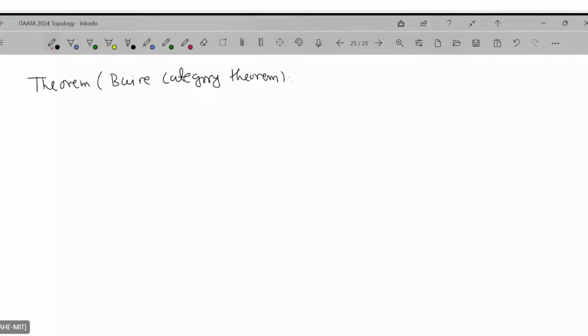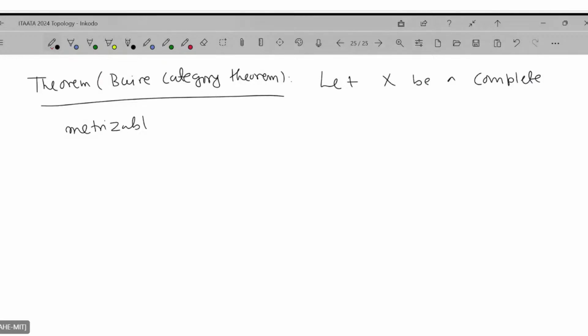This says that let X be a complete metrizable space. So you can think about X as a complete metric space.